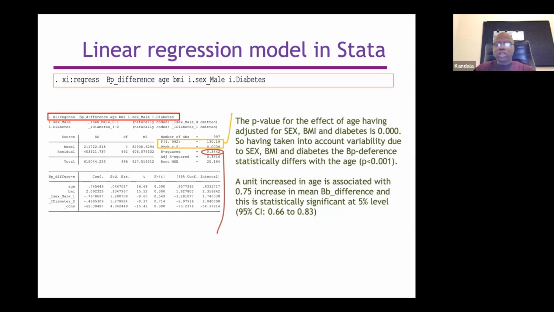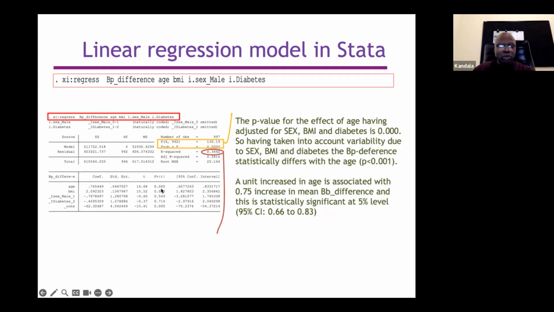If age increased by 1 year, if age was measured in years, 1 unit increase in age will be associated with a 0.75 increase in the mean blood pressure difference.